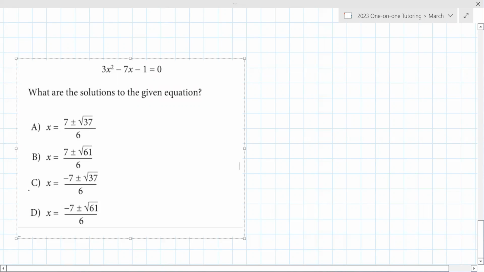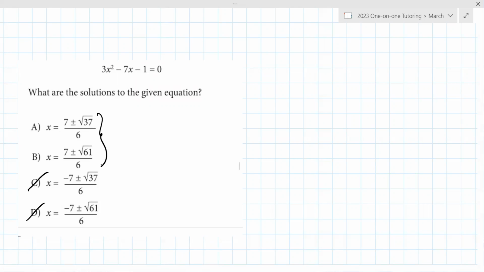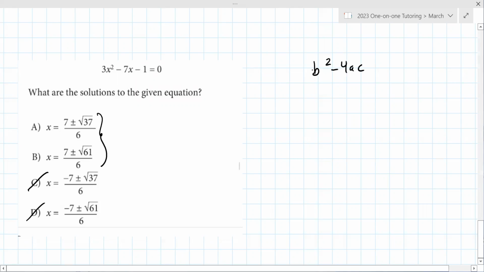Okay, now between A and B, what is different? Square root of 37 and square root of 61. So notice that comes from the B squared minus 4AC. You don't actually need to do the quadratic formula start to finish. You just have to sort of know what is different in this case. So will you do the B squared minus 4AC and let me know whether it is A or B? All right.